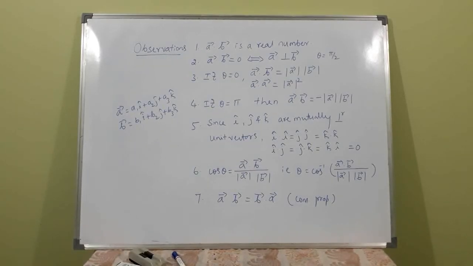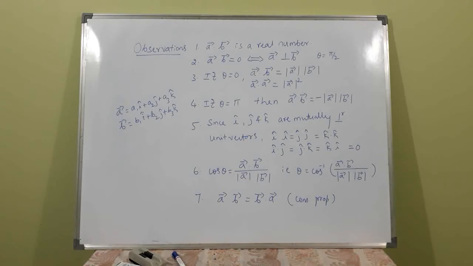Some observations of this scalar product. A dot B is magnitude of A into magnitude of B into cos theta. A dot B is a scalar quantity and is a real number. A dot B is equal to 0 when cos theta is 0.